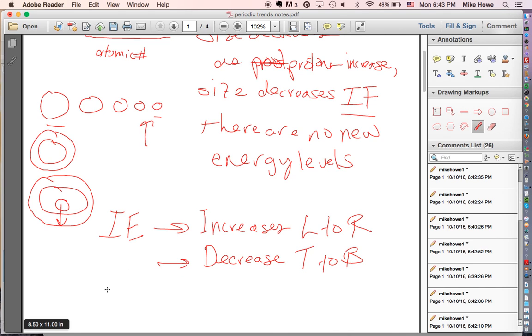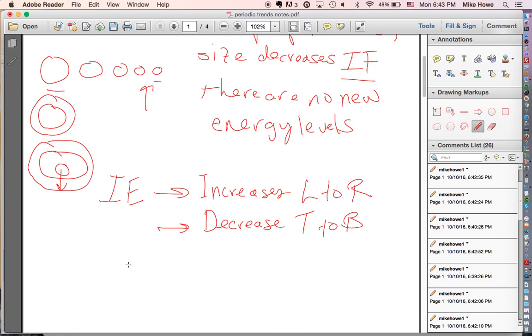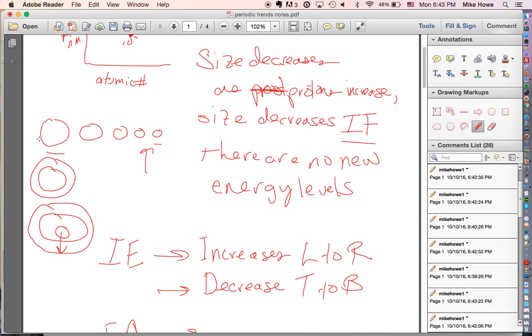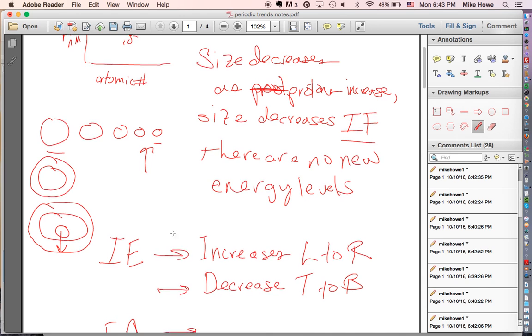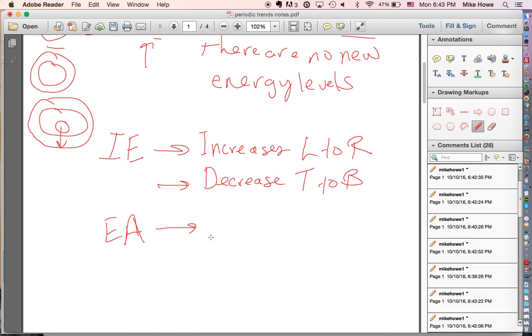It's interesting that the electron affinity, remember, what does affinity mean again? Affinity means gaining the attraction for electrons. As you go from left to right, what do you think the affinity would do? The atoms are getting smaller. Does that mean the electrons are being attracted more or less? They'd be attracted more. So really the electron affinity does essentially the same thing.